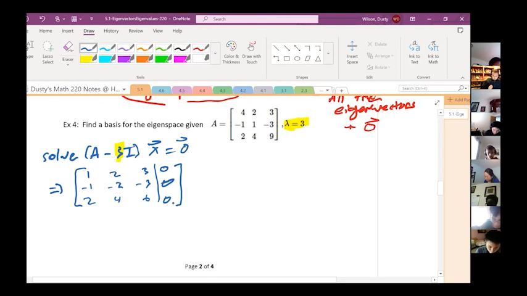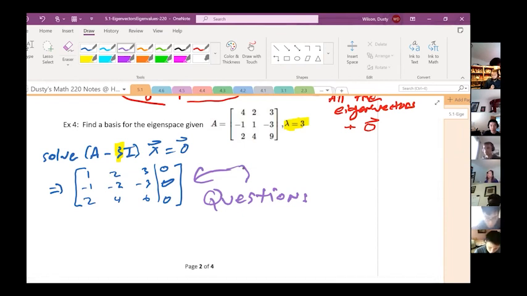Give me a thumbs up or a question if you related to this matrix. This isn't hard, but it's an important one, so I want to just pause here. Do you understand where that matrix came from? Any questions? Anyone want a second explanation?